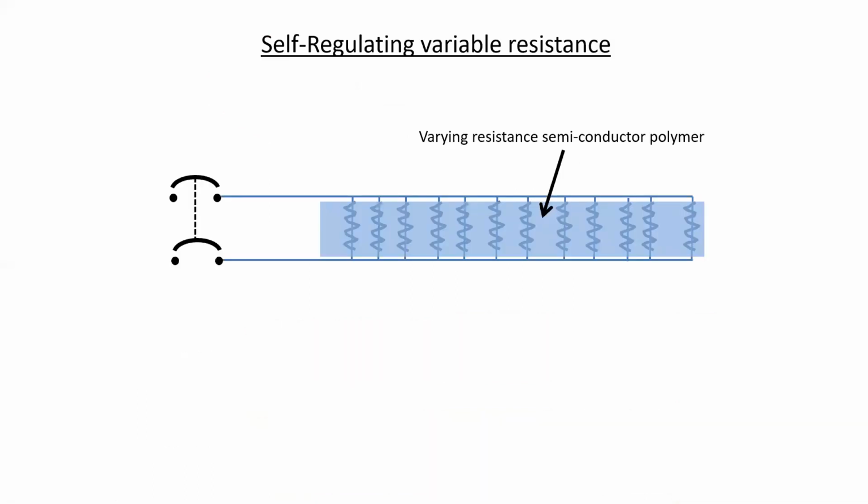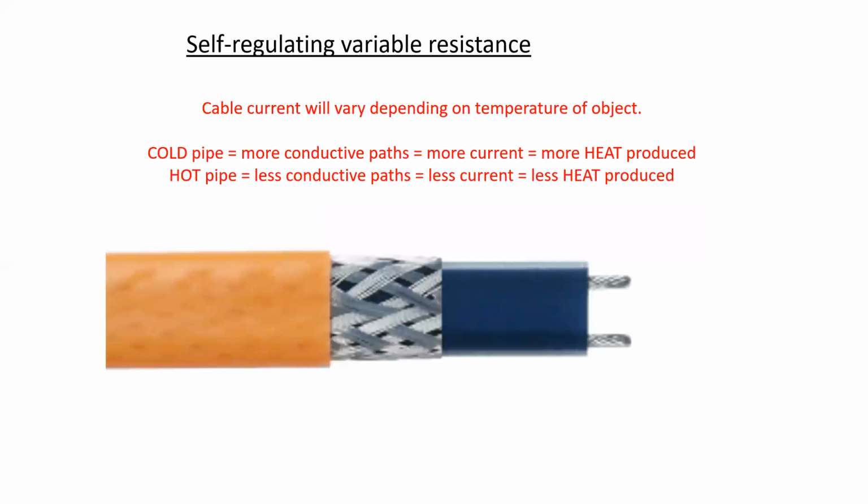Self-regulating variable resistance heat trace is by far one of the most common. And that's because there's a semiconductor that connects the two power conductors together. And that semiconductor then varies with heat. The important thing about self-regulating heat trace is that the current and the heat will depend on the temperature of the object.